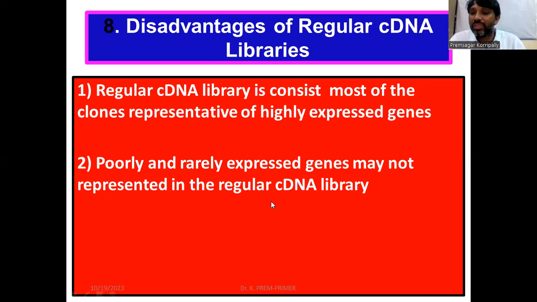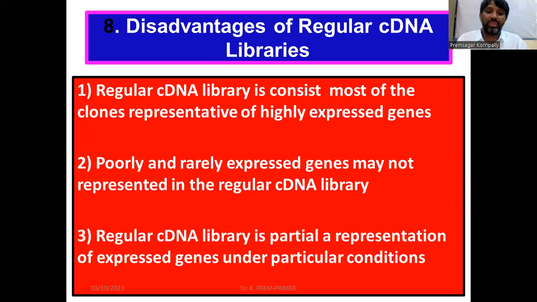Suppose X gene is 1,000 copies. Y gene is only 10 copies. X gene is represented very well in the cDNA library, but Y gene cannot be because their number is less. Yes, a regular cDNA library is a partial representation of expressed genes under a particular condition.